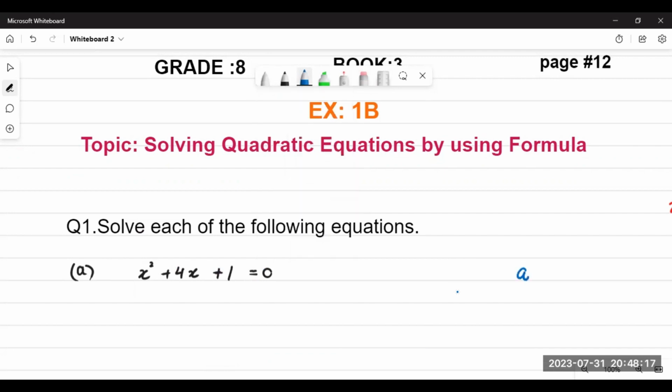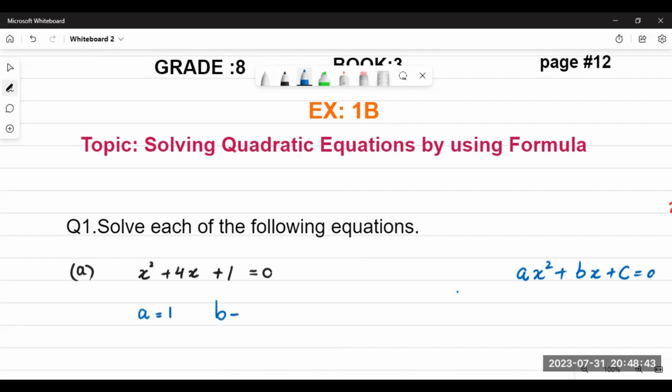If you compare this given equation with the general form ax square plus bx plus c is equal to 0, you can identify that there is no number written as a coefficient of x square, so the coefficient is 1. So I write a is equal to 1.